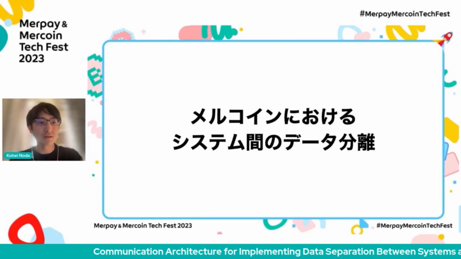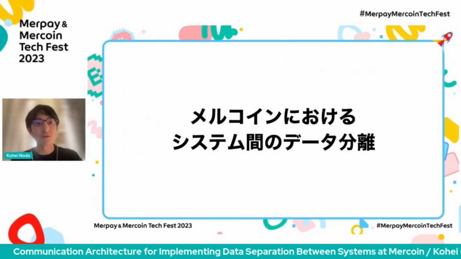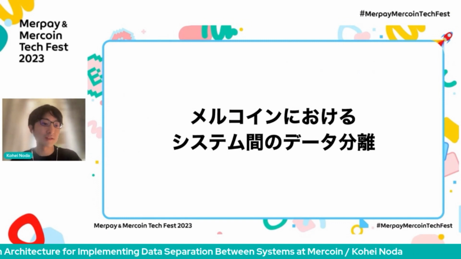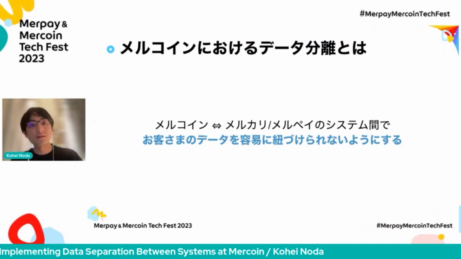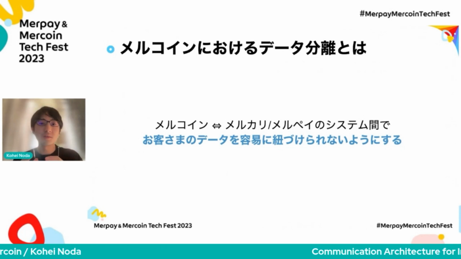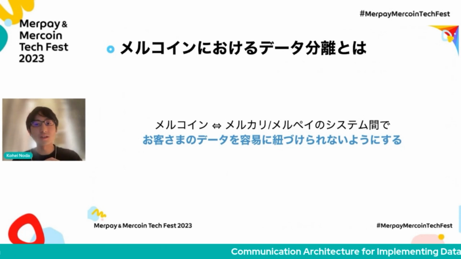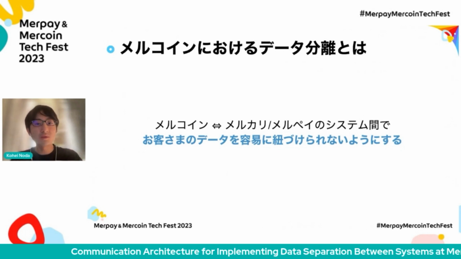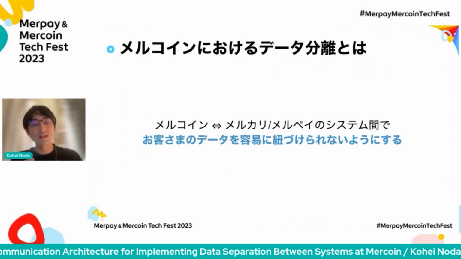First, let me explain what the data separation of the Mercoin system is. That means that the customer data held by the Mercoin, Mercari, and Merpay systems cannot be easily linked to each other.